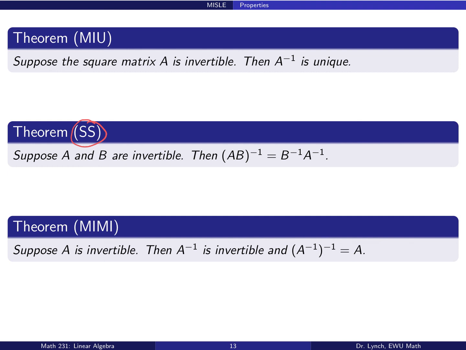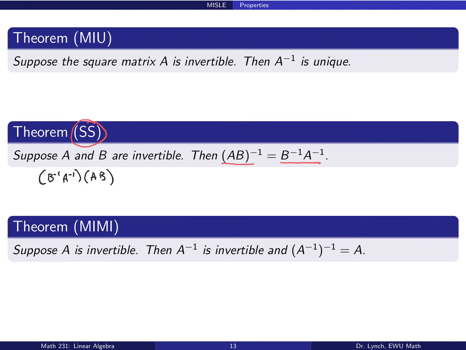So we'll go ahead here and start with B inverse times A inverse times the matrix AB. Okay, and once again here, we'd like to show that the matrix B inverse A inverse is the inverse matrix for AB. Right, so we'll start with that matrix and see what happens.